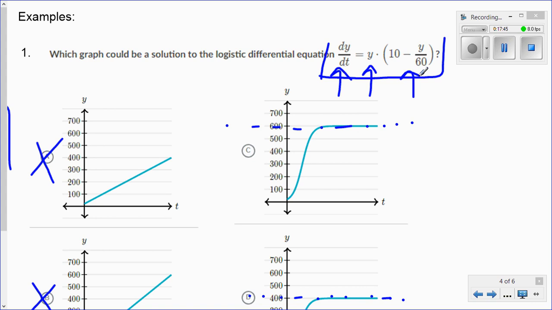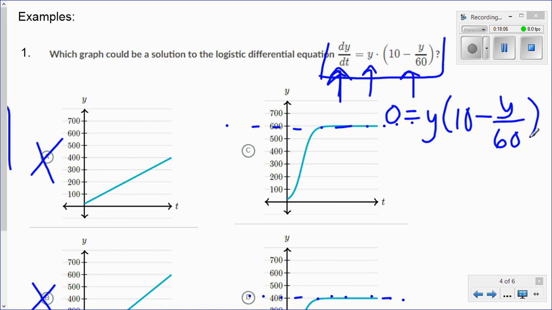Because if you notice, this equation is in factored form. So if we were setting our equation equal to 0, because we know dy/dt is approaching 0 as t approaches infinity, then we would get this equation, and then we would set each factor equal to 0.